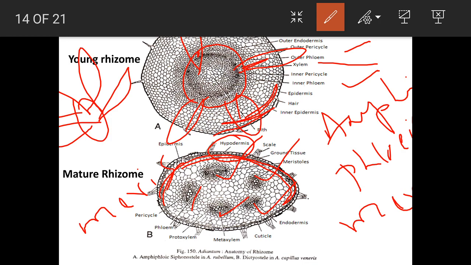So you can find here broken vascular cylinders, here you are going to find some gaps, and because of the breakage of the vascular cylinders, you are going to find some smaller units of the vascular cylinders inside the stele, and those smaller units of the dictyostele which arise due to the formation of the leaves when the rhizome gets matured are called the meristeles.